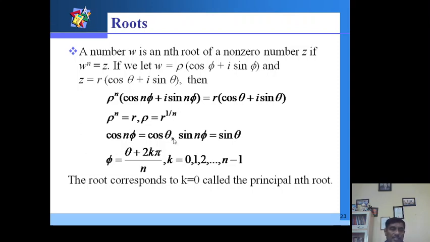Here cos n phi is equal to cos theta, sin n phi is equal to sin theta, then phi can be expressed as (theta plus 2k pi) by n. K is running over n values, that is 0 to n minus 1. The root corresponding to k equal to 0 is called the principal nth root.